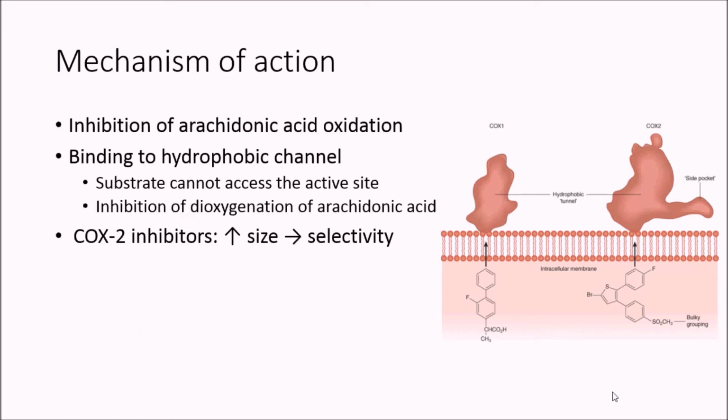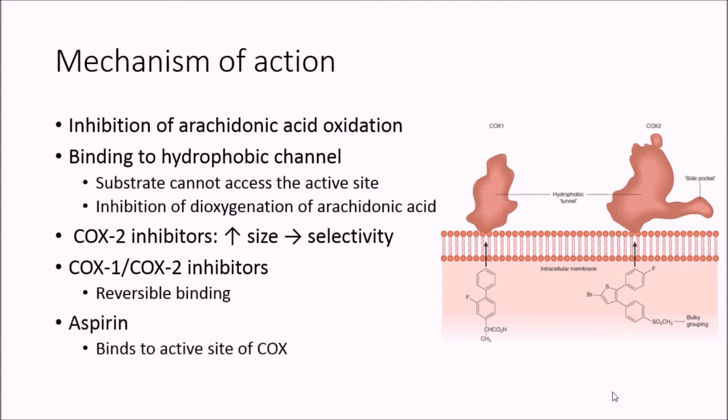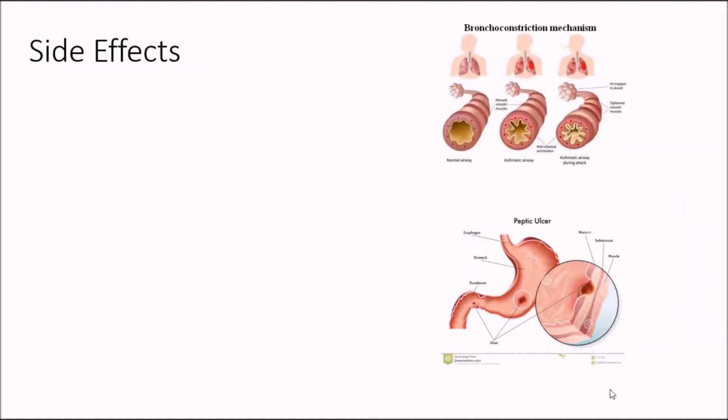The selectivity of COX-2 inhibitors comes from its bigger size when compared to COX-1. COX-1 and COX-2 inhibitors bind reversibly to the enzyme, and just aspirin binds to the active site of COX in an irreversible manner. Here are just some side effects.